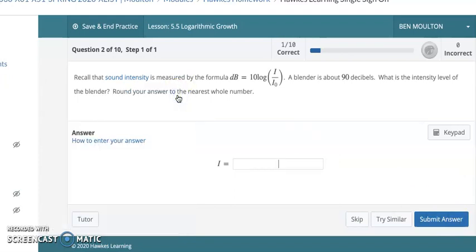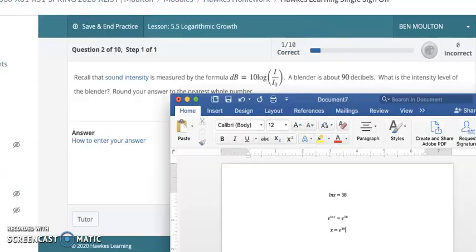Okay, I think I can do this one straight up without having to prep. Basically what's happening here is we've got the sound intensity formula, which is going to equal 10 times the log of I over I naught.